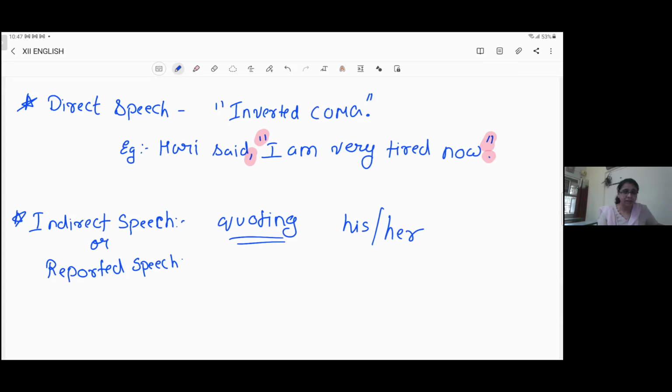So guys, it is very simple. Direct speech is what? Direct speech is the actual words which are spoken, and indirect speech kya hai? The exact report that is given to the third person. I am the first person, as I said. My actual words I am giving to the second person.